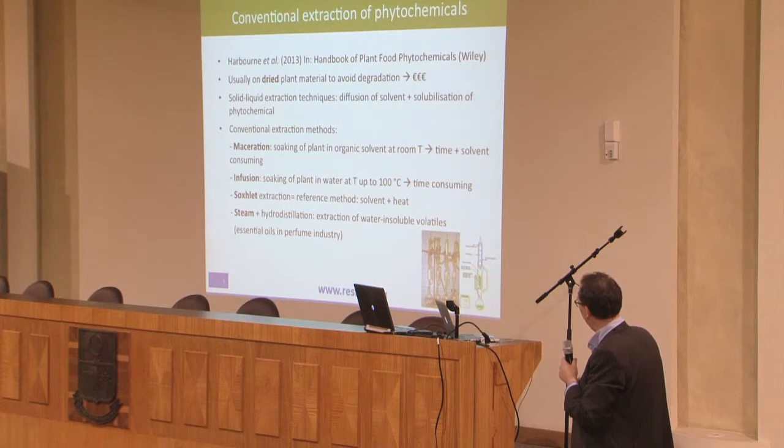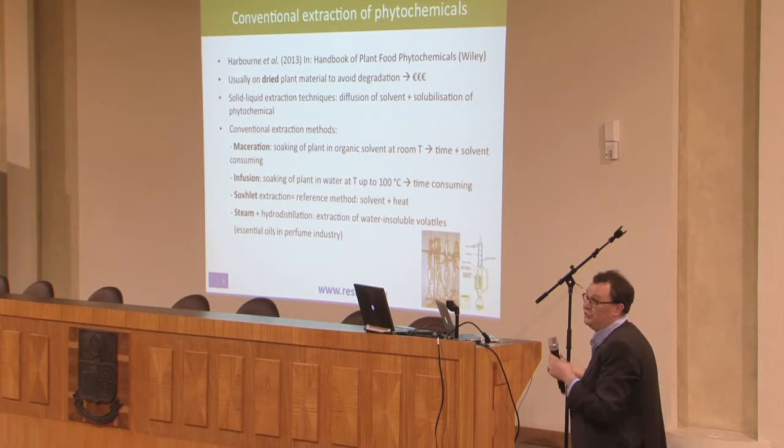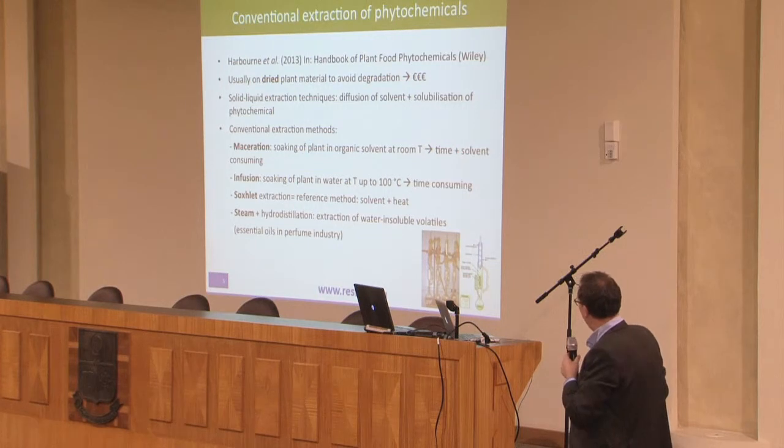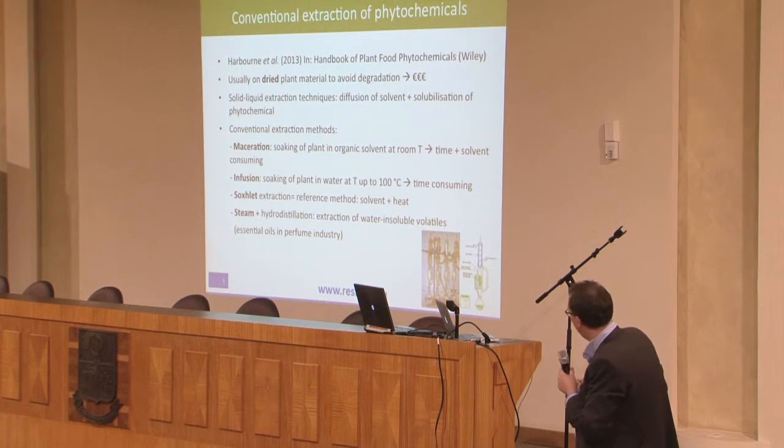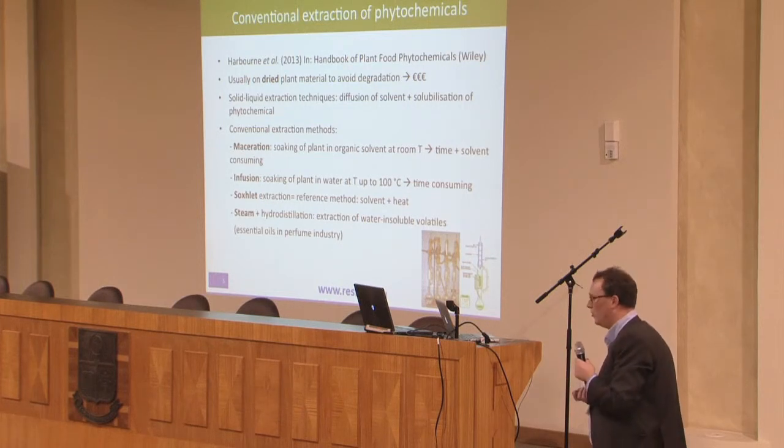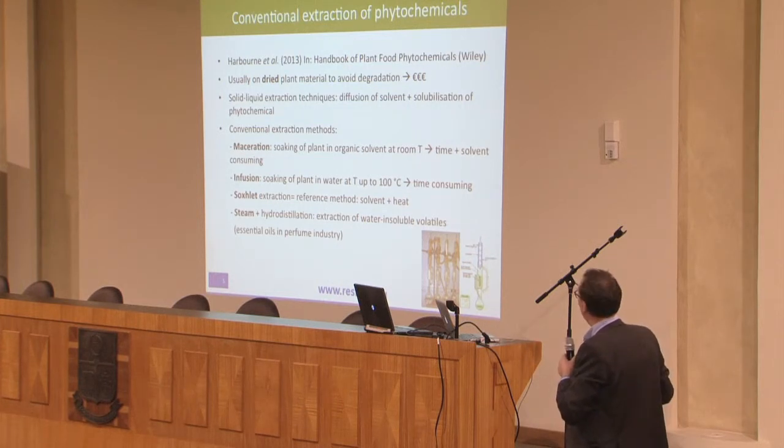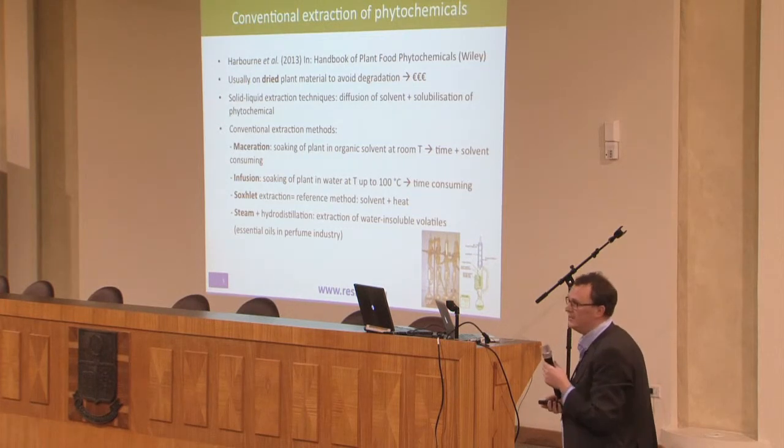Of course, everybody knows Soxhlet extraction, you see here a picture. This is actually the reference method, where you use organic solvent and heat. Another conventional technique is steam hydrodistillation. This has been used in the industry for the extraction of water-insoluble volatiles, like for example the extraction of essential oils in the perfume industry.